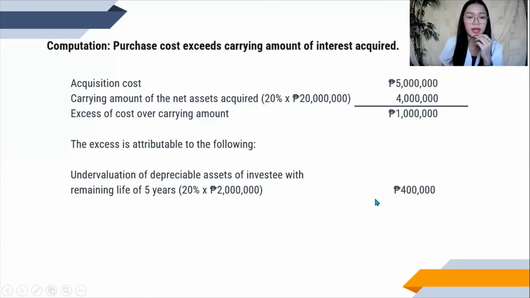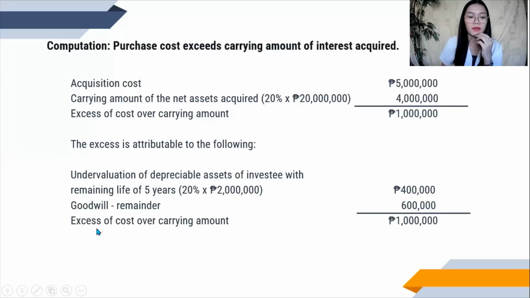So yung share lang natin doon sa undervaluation nung depreciable asset na yon is 400,000. So meron pa ring natitirang 600,000. Saan natin i-attribute yung 600,000 na yon? Kasi isang item of assets lang naman yung naka-undervalued. So automatic yun sa goodwill. So may goodwill tayo na 600,000.